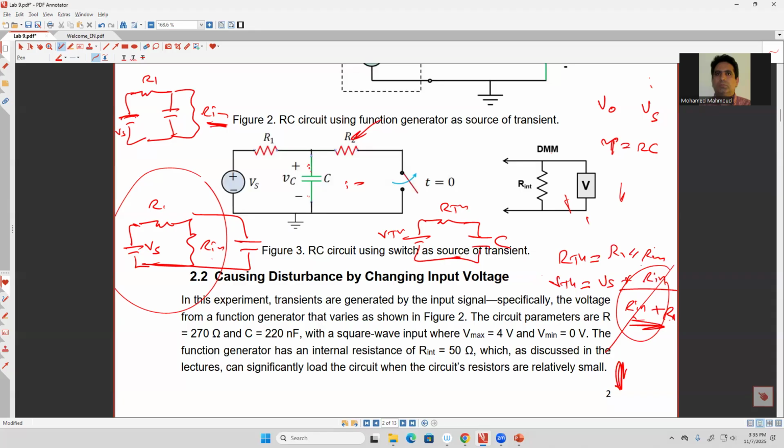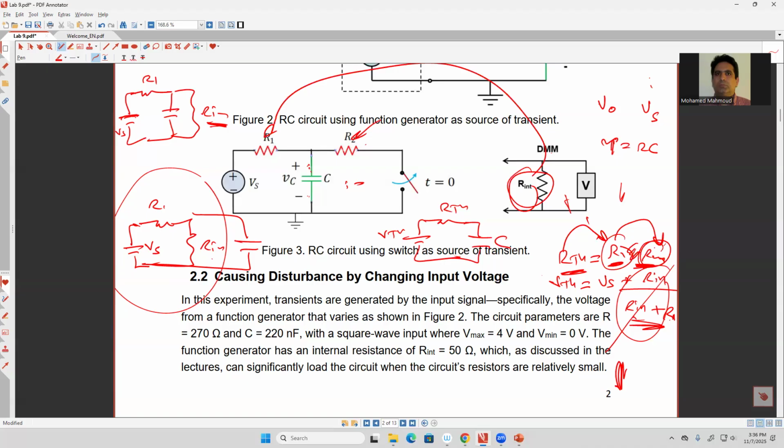If you have R1 parallel to internal, and R1 is much smaller than R internal, the calculation of R7 will be very close to R1. You see what I'm saying? So again, in all cases, you are going to have error. However, we can ignore this error. It should be accurate enough if this internal resistance is much bigger than R1 or R2.